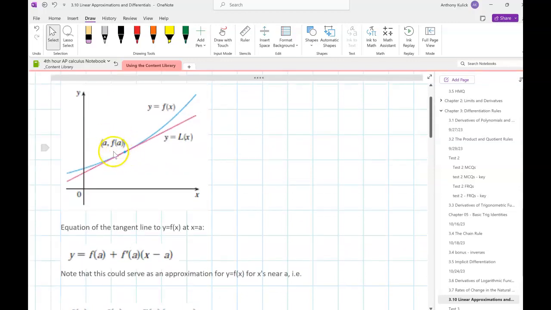Because the idea is that if you write your tangent line and look at x's quite near the x, the tangent line gives you a pretty good approximation for the y values for x's that are close to your point of interest. That's the idea. You just write a tangent line and then you can use it to approximate for x's nearby. That's the whole idea.